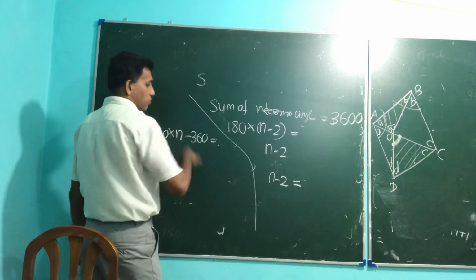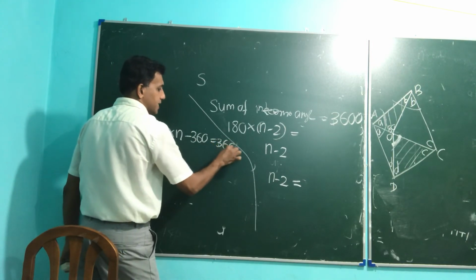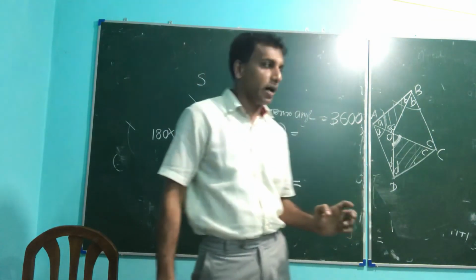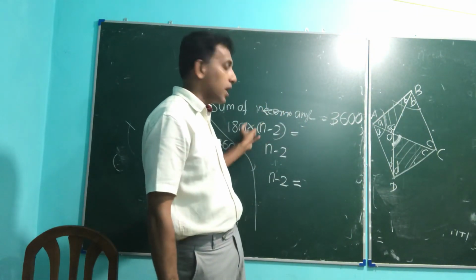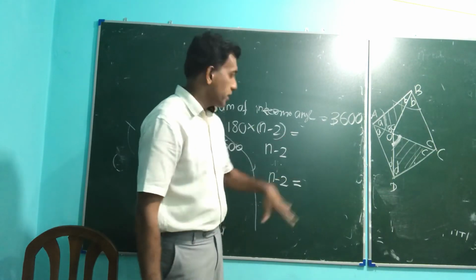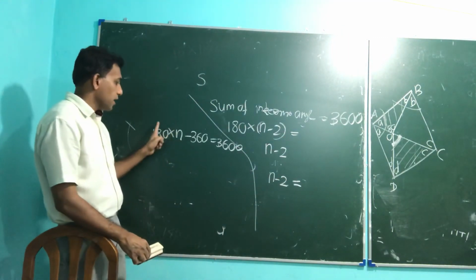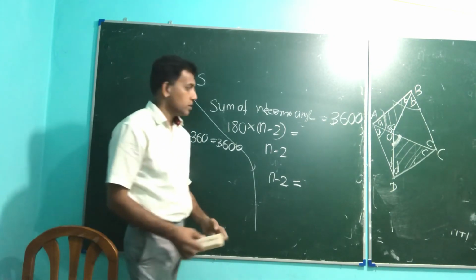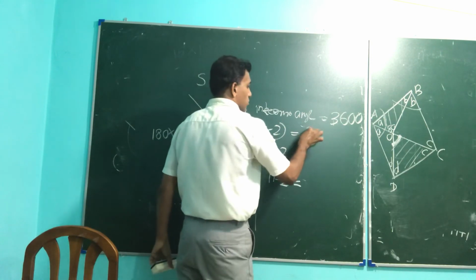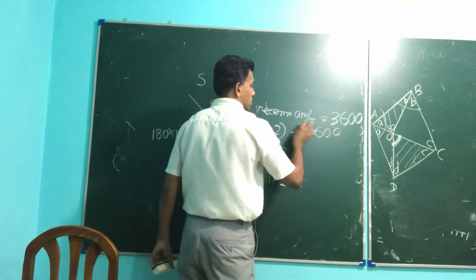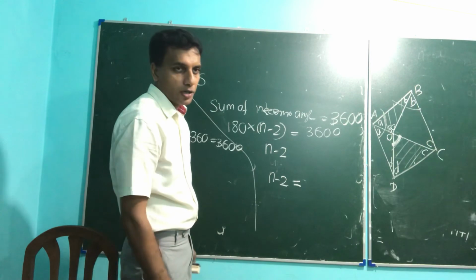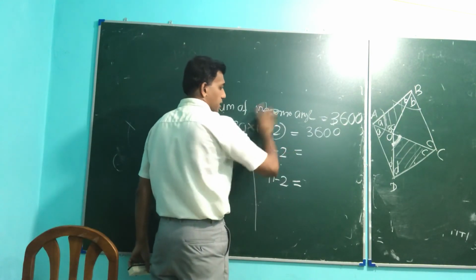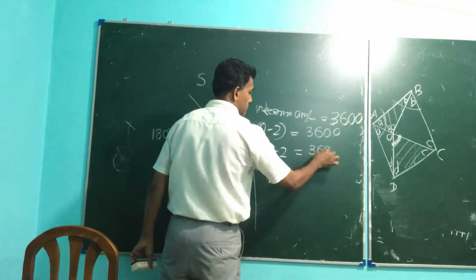Method 2, sum of the interior angle formula. If there are n sides, 180 multiplied by (n minus 2), or otherwise, for n sides, 180 multiplied by n, we subtract the 360. This is 3600. So solve this equation. Take the 180 to that side, divide.